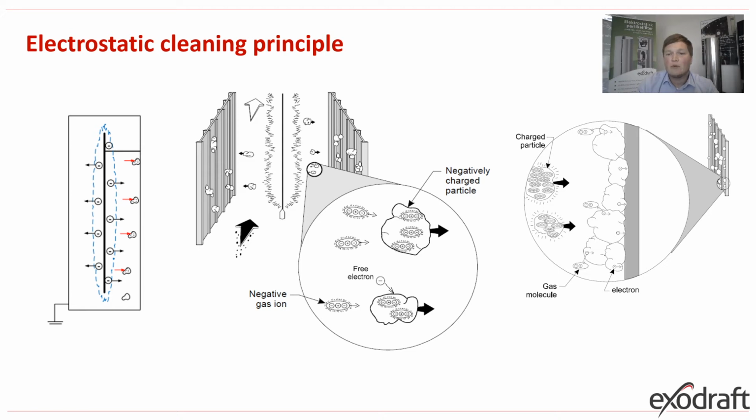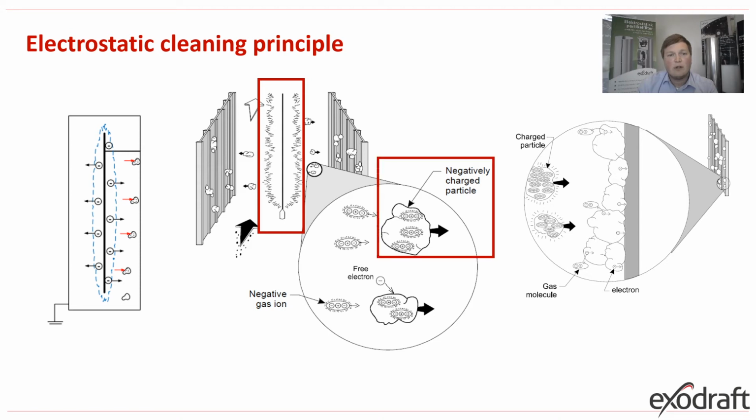It applies high voltage to an electrode inside the filter, creating an electrostatic field, which the flue gas passes through. You can see it in the red square here. The particles become charged as they pass by the electrode, and this charging adds horizontal acceleration to the particle.